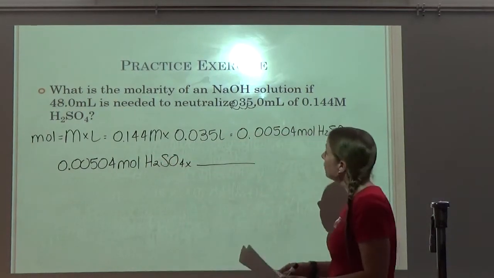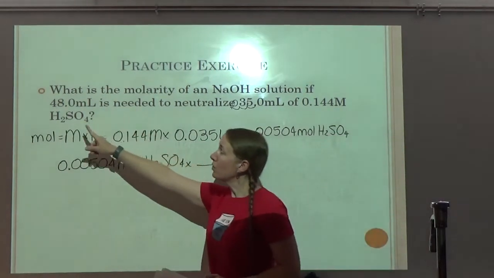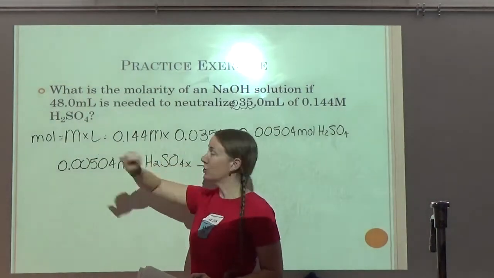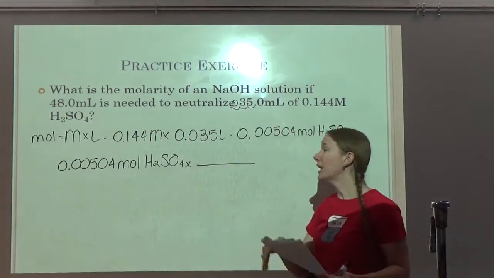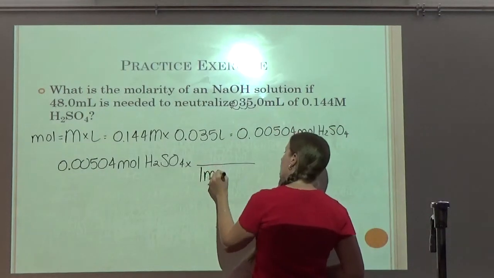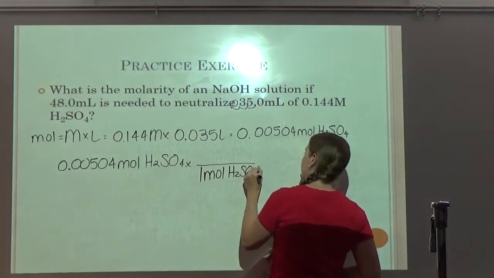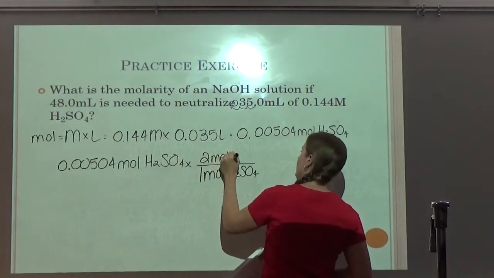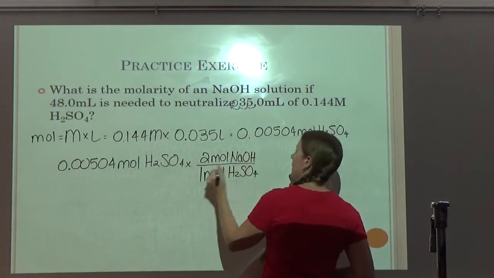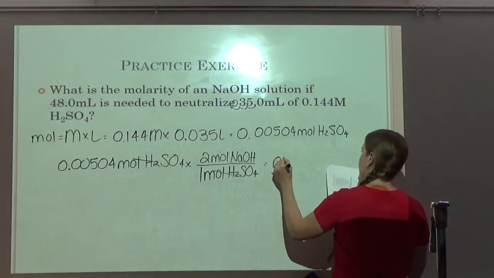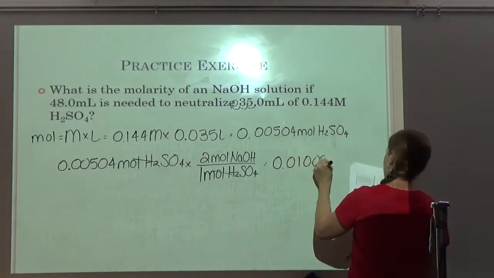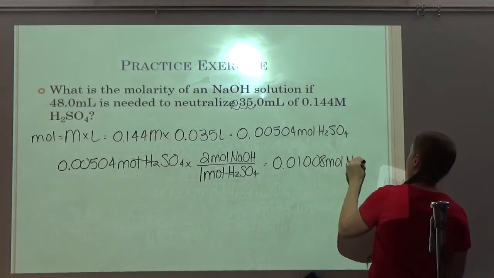And like we said in the previous question, 1 mole of sulfuric acid, because it has 2 hydrogens, can neutralize 2 moles of NaOH, because it only has 1 hydroxide. So 1 mole of my acid can neutralize 2 moles of my base. Once I do that, I get 0.01008 moles of sodium hydroxide.